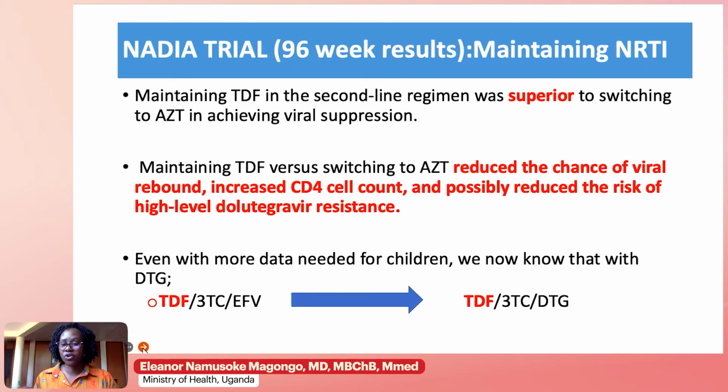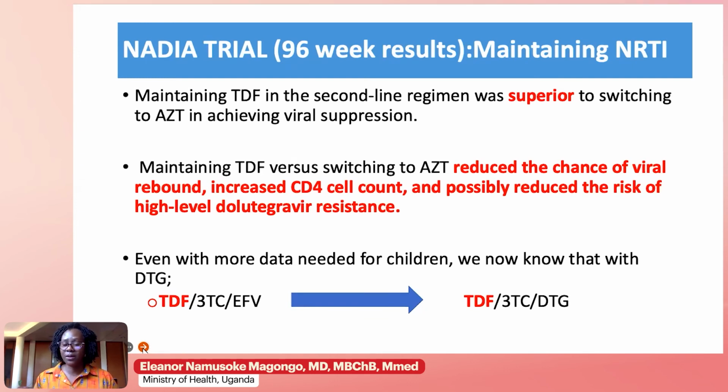And there were also additional benefits. For patients who stayed on TDF, they had a reduced chance of viral rebound, their CD4 cell count did well, and there was reduced risk of high-level dolutegravir resistance.